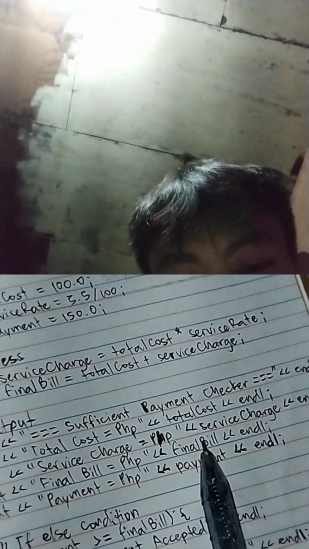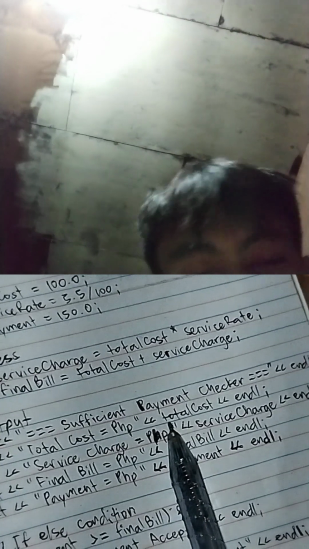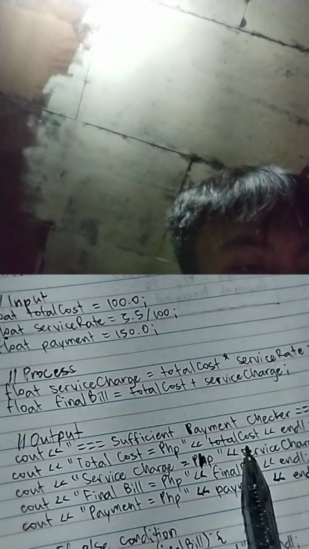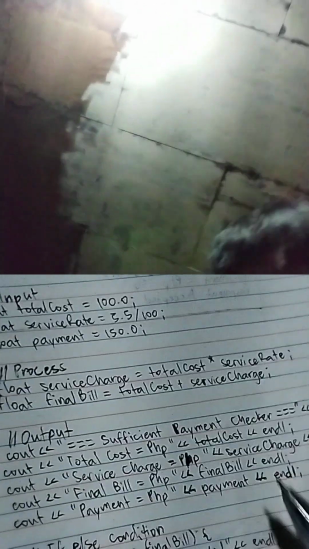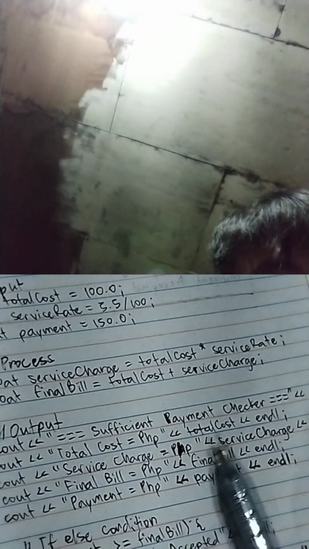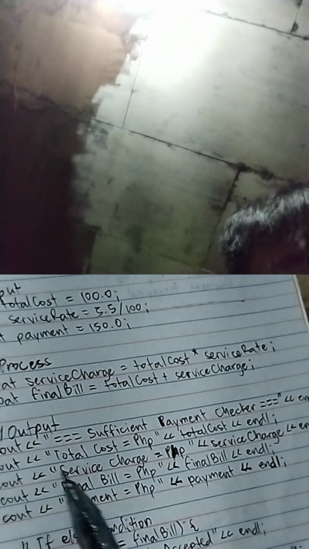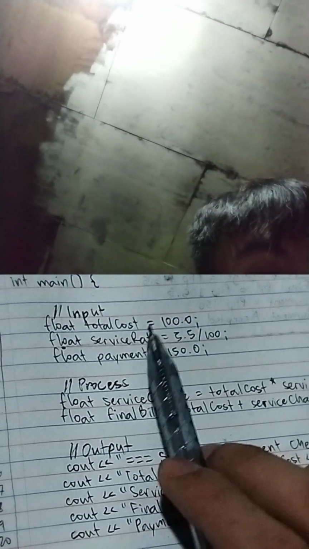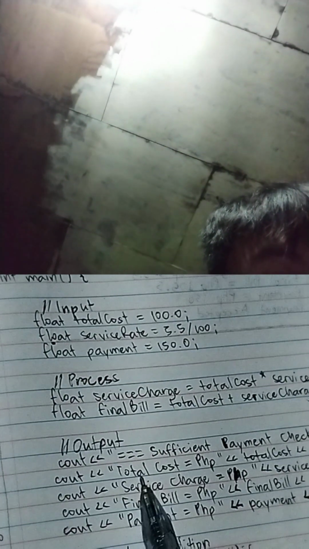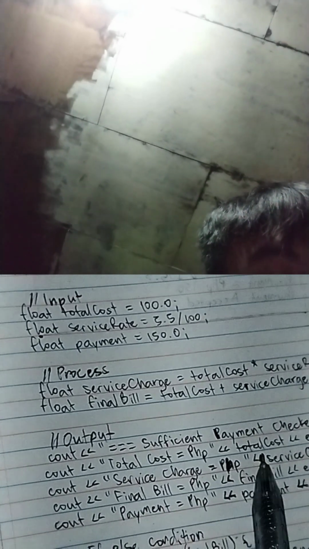So it will store the total cost. Cout is storing the total cost in here. So it stores the value so that it will run like this.